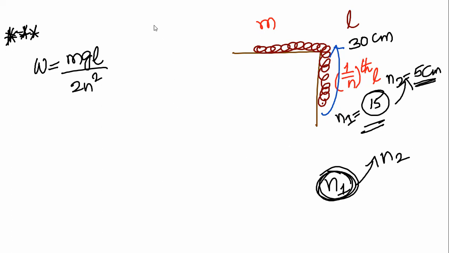So the work done in pulling from n1 to n2, once again I'll repeat. Let us suppose this is a horizontal table.